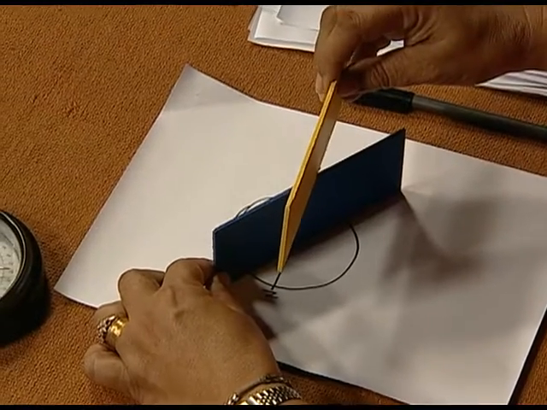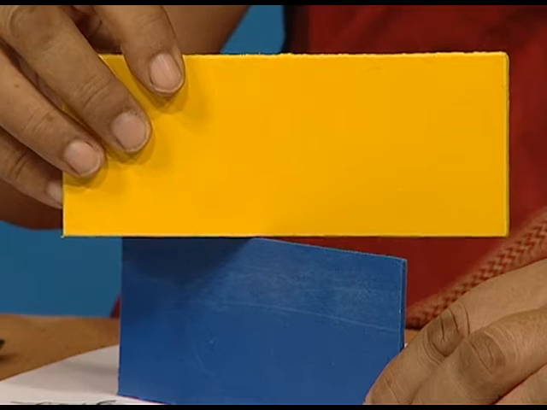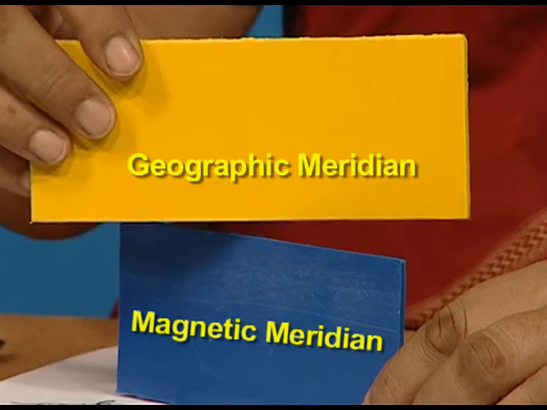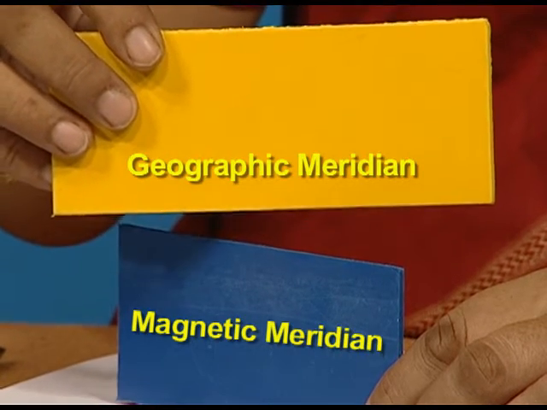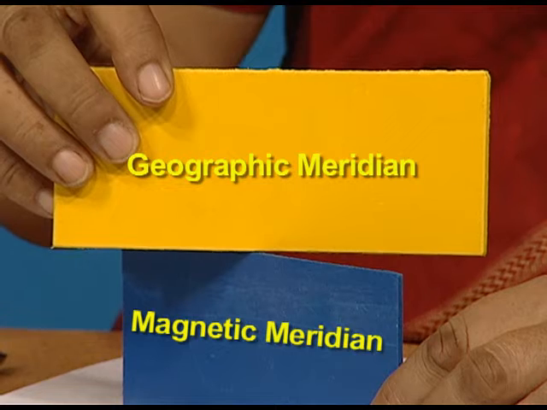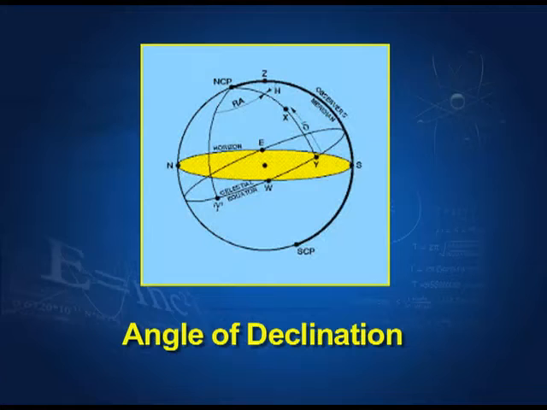It will be something like this. So, the angle between these two planes, the blue plane showing the magnetic meridian and the yellow plane showing the geographic meridian, this angle is angle of declination.